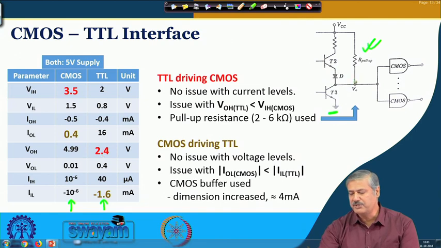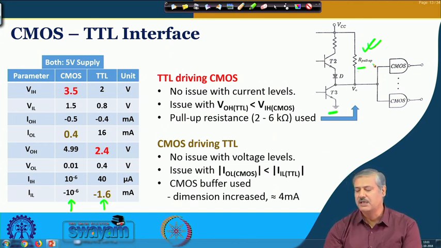So the voltage will be VCC minus whatever IR drop occurs here, which will be more than the required 3.5 volt. And to get a voltage higher than this 3.5 volt, a resistance in the order of 2 to 6 kilo ohm would do.